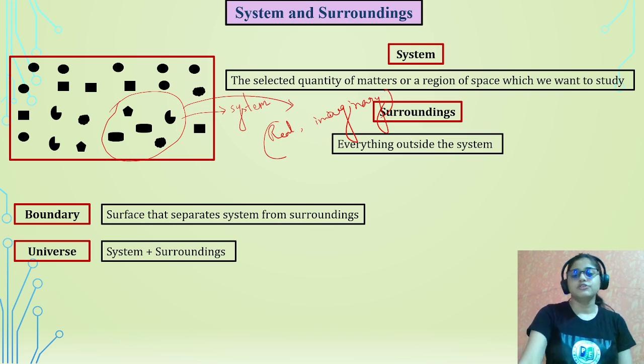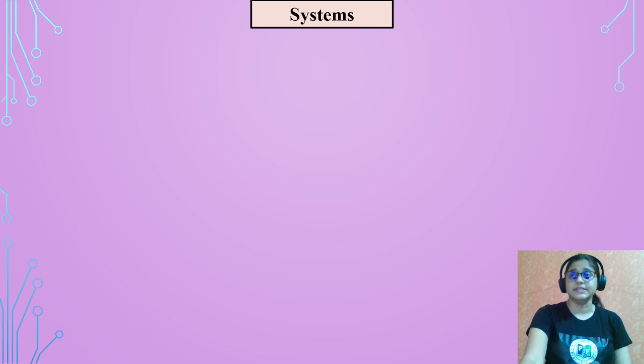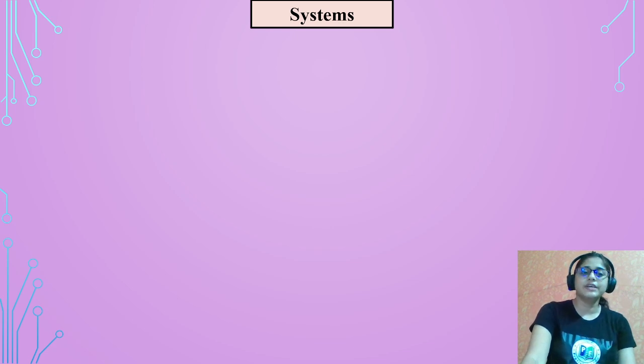So now coming to the various kinds of systems. We drink coffee, right? Not everybody, many people like to drink tea. So we drink tea, coffee. If anyone doesn't like tea or coffee, hot water everybody drinks, right?